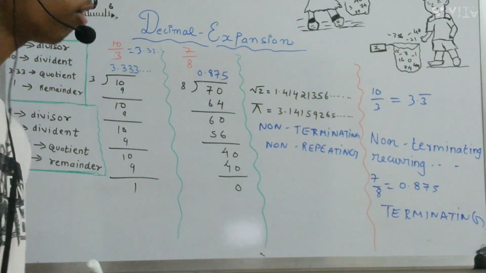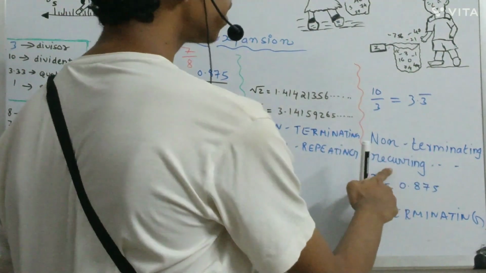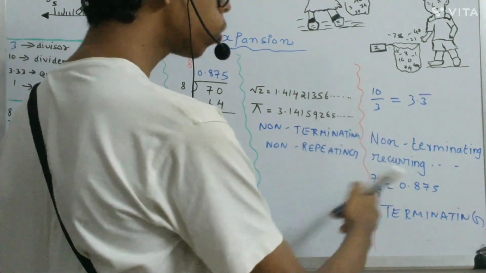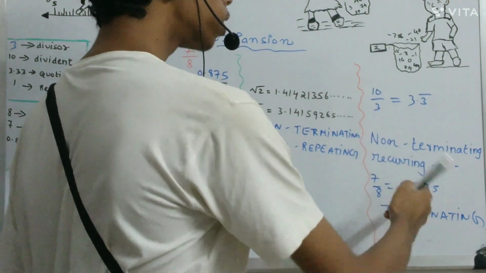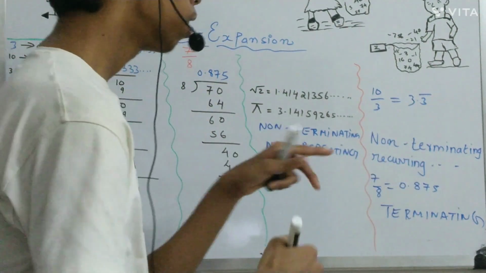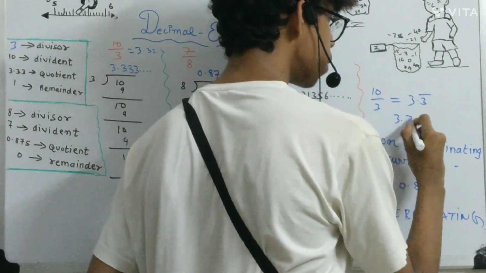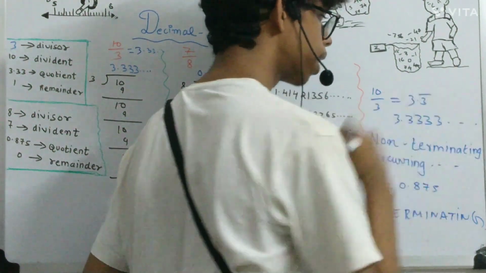Now observe the difference between non-terminating repeating and non-terminating non-repeating. In non-terminating repeating, the same number repeats, for example 3.3 bar, where the 3 itself is repeating.